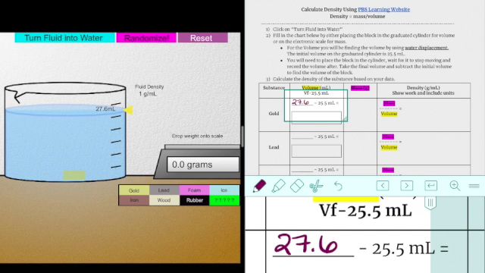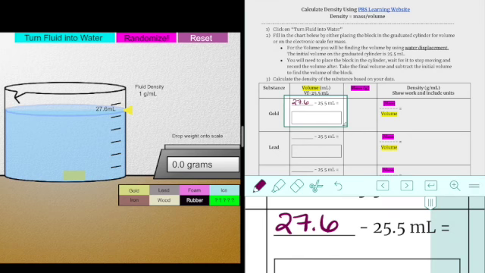Then subtract: 27.6 minus 25.5 gives you 2.1 milliliters.